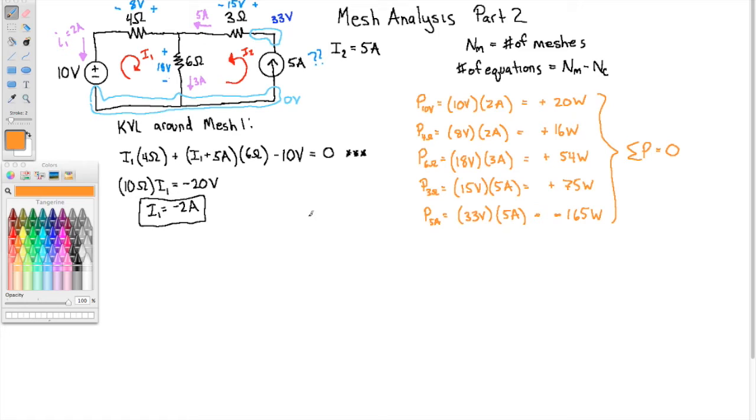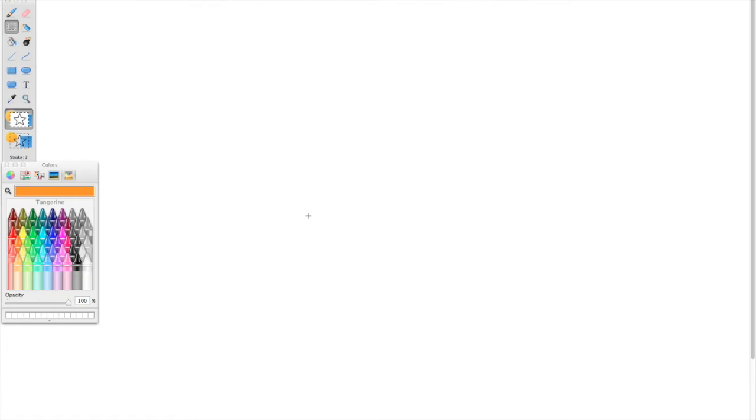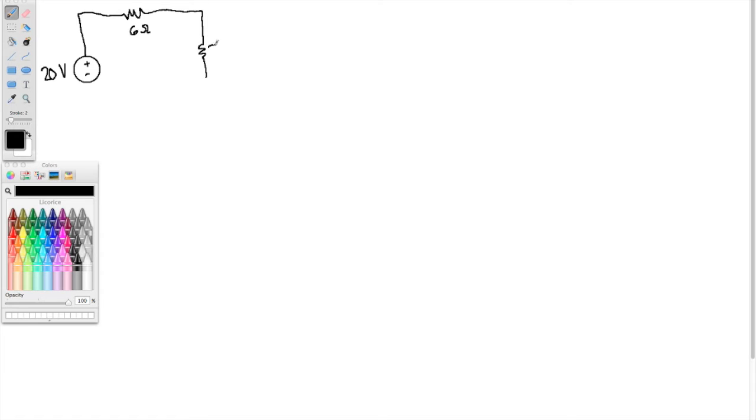Let's look at another example. Right, so suppose we have 20 volts here. Right, and we have 6 ohms and 2 ohms. And then we have, let's say, a current source here of 6 amps.